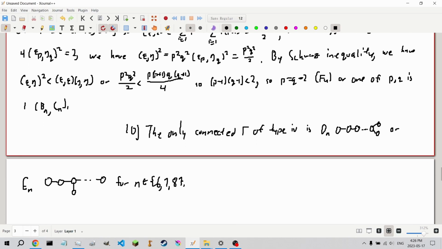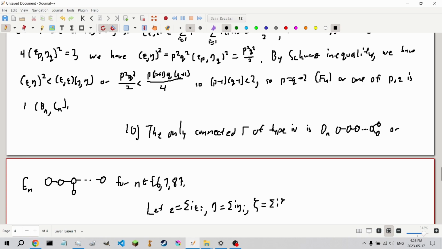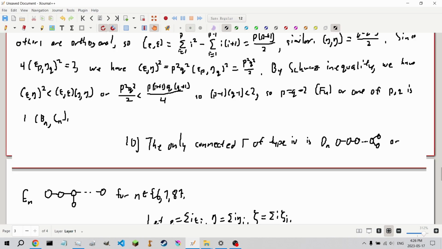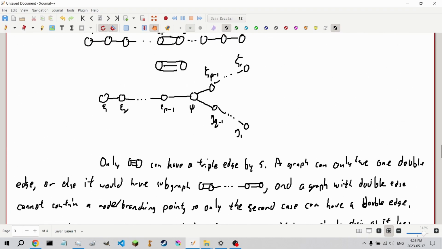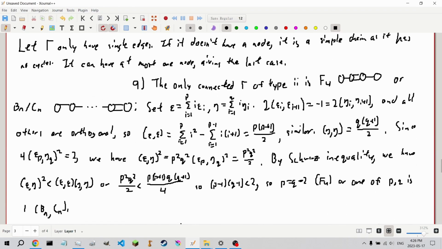And the proof is, once again, we're going to let epsilon be the sum of i epsilon_i, eta be the sum of i eta_i, and, wait, which one's eta? I think this is, so we have these three, and they're set up in the same way as before, just in the three cases now.